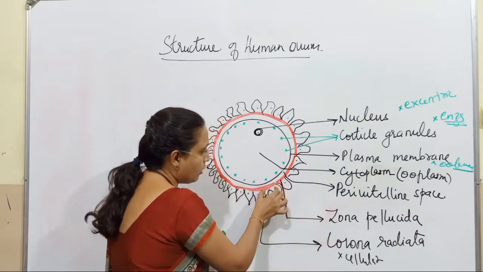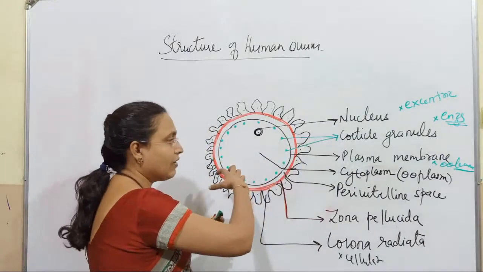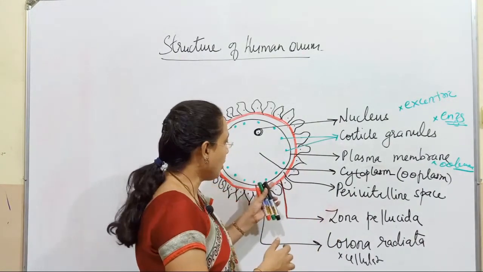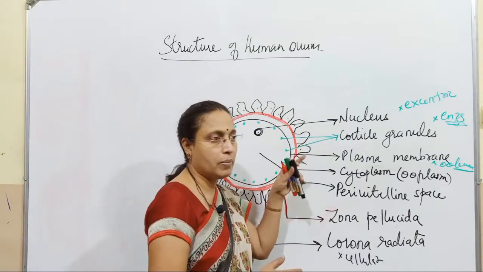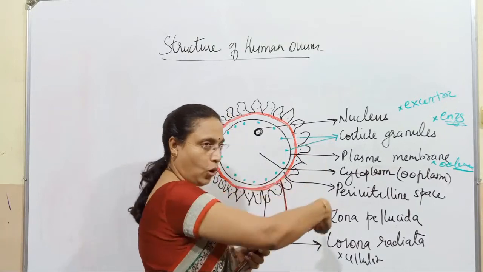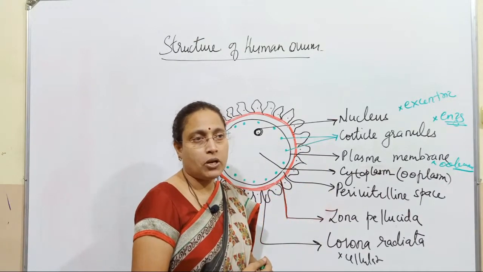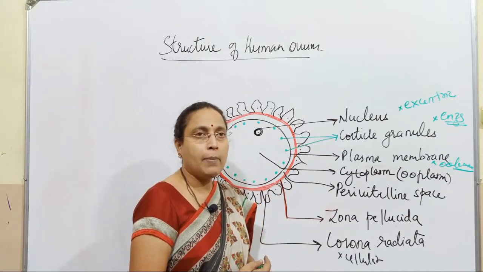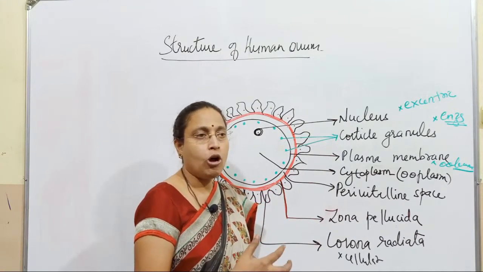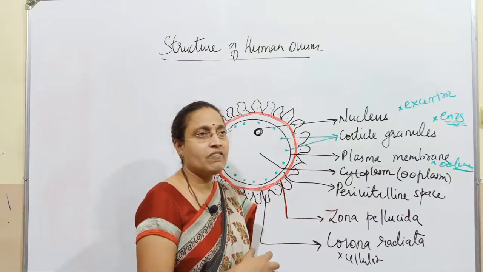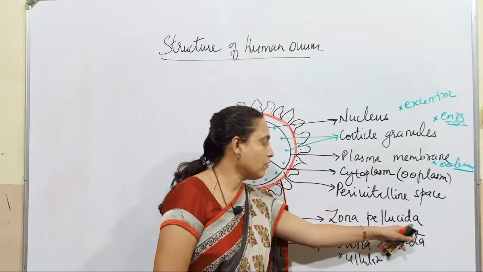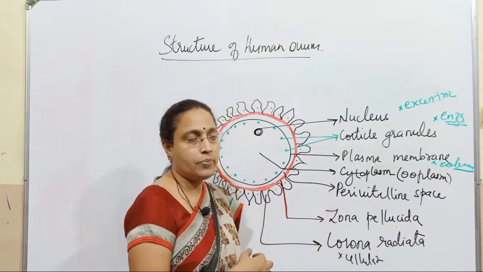They continue to stick to the zona pellucida, and even after ovulation, they remain surrounding it and continue to cover the ovum. Now, the function of the corona radiata is to prevent the embryo from implanting in an abnormal site, or to ensure that the implantation will occur in the correct site.